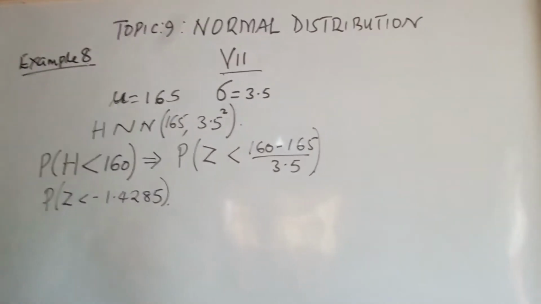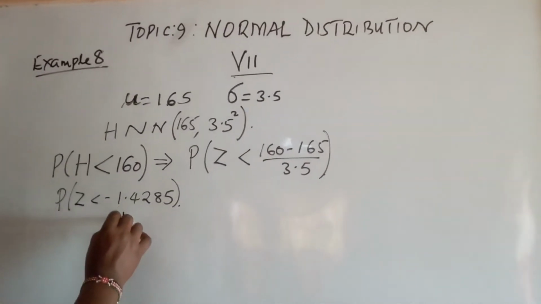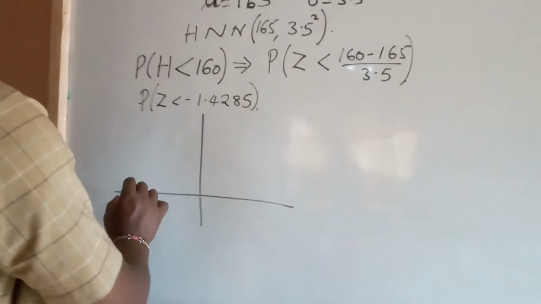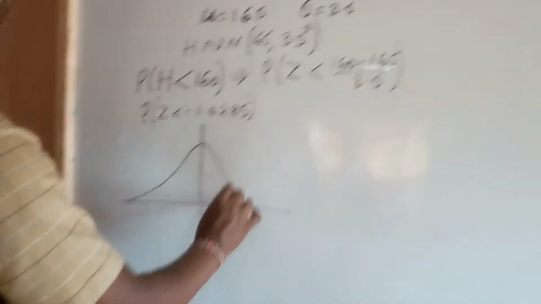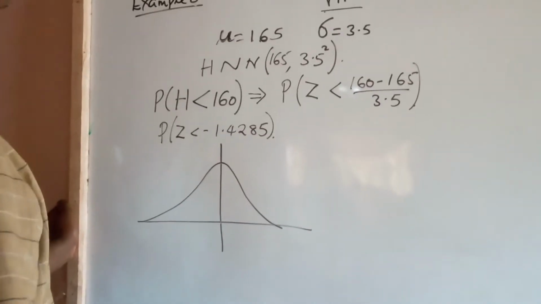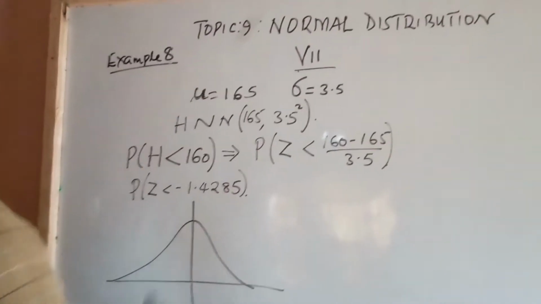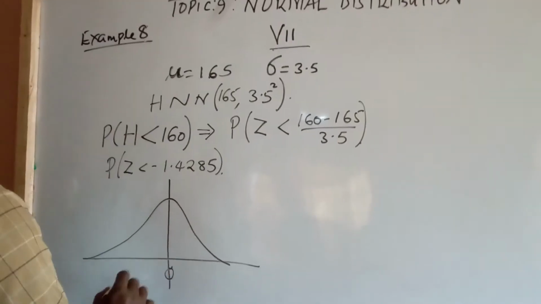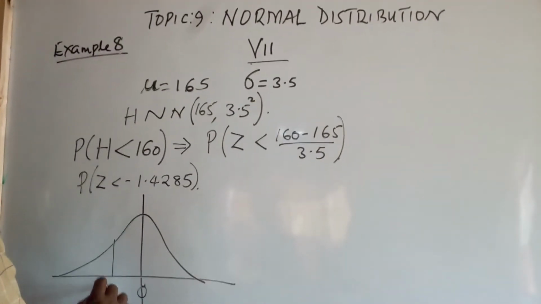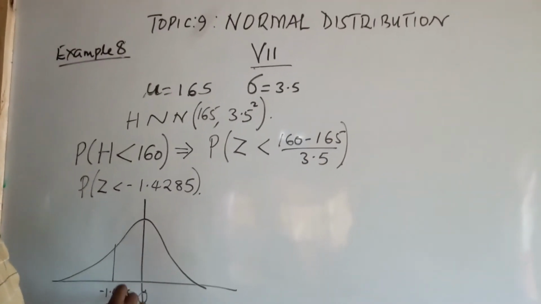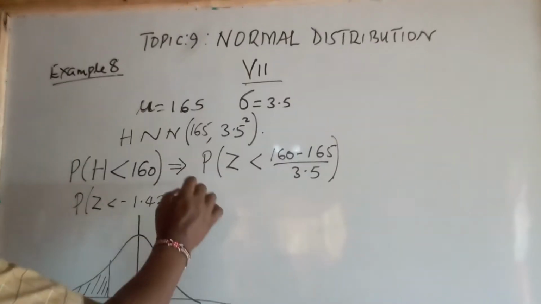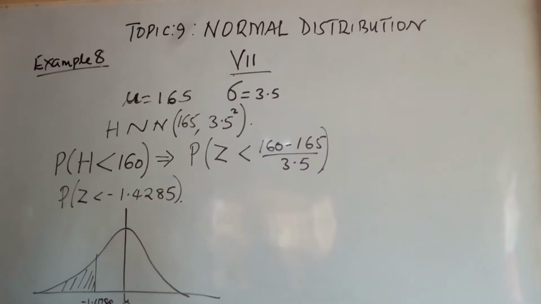Having done that, it is important to always bring a diagrammatical representation of the situation on the ground. Yes, our Z is negative, you can see it. So if this is 0, then we have negative 1.4285. We are looking for this particular region whose area is not known.